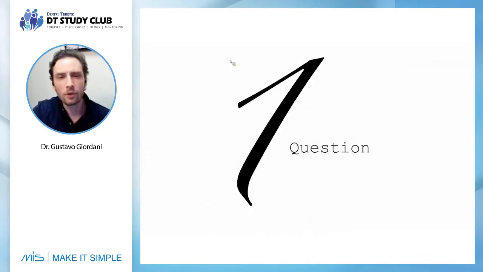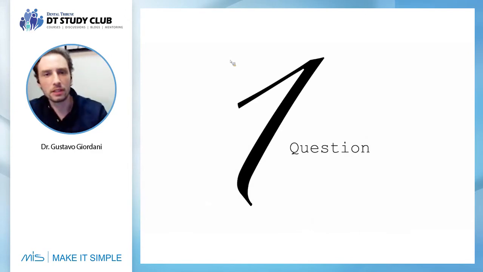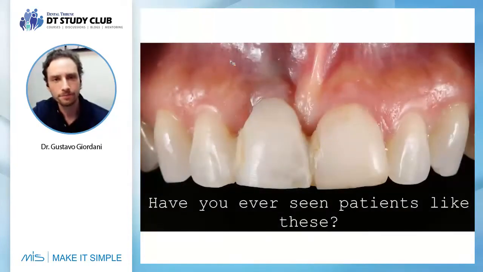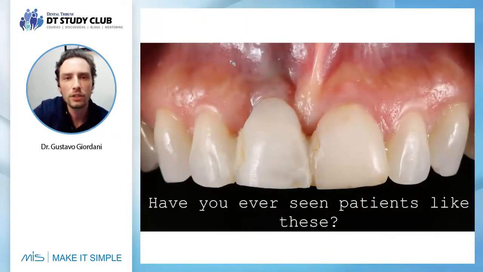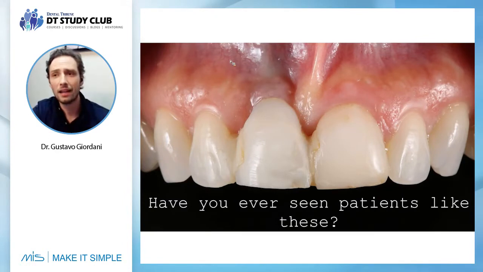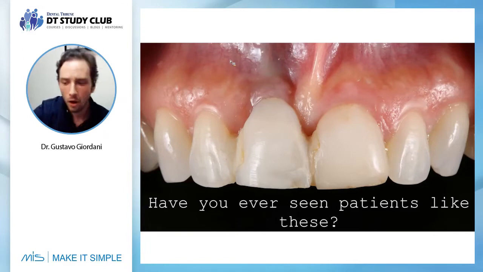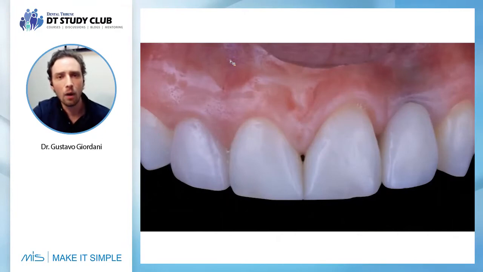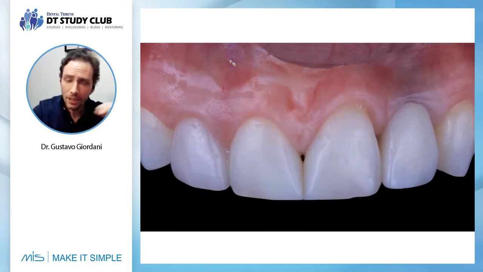So I have one question to start this presentation. Do you have patients like this in your office? Do you have these kinds of situations in your office? Patients that are referred to us, patients that come from different dentists, or patients that we treated in the past and now, after 2, 3, 4 years, just start to come to our office with some problems like recessions.